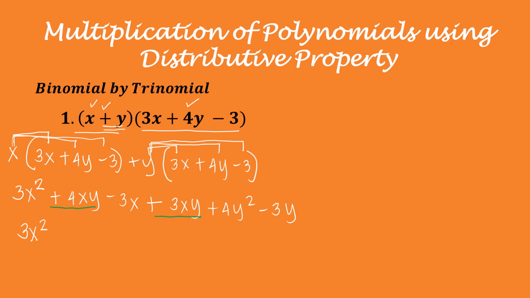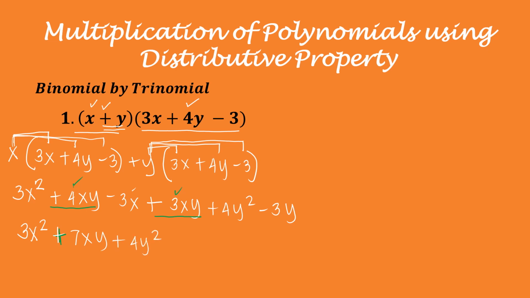Since they are like terms, we can combine their constants. So we have positive 4 plus positive 3, which will give us 7xy. So we are done with that. And then followed by the 4y squared.